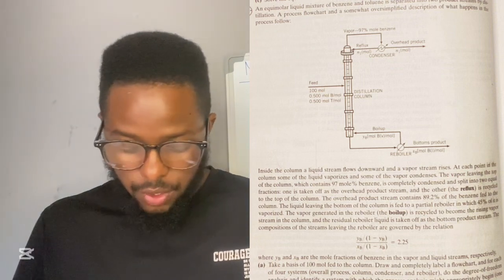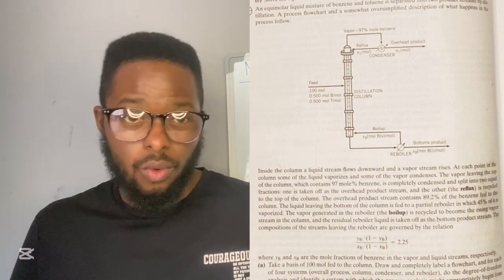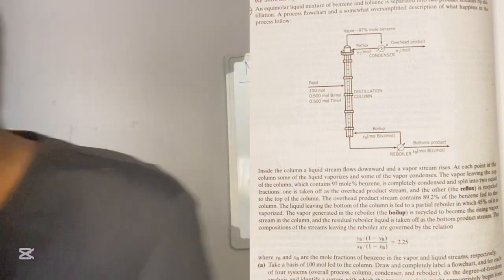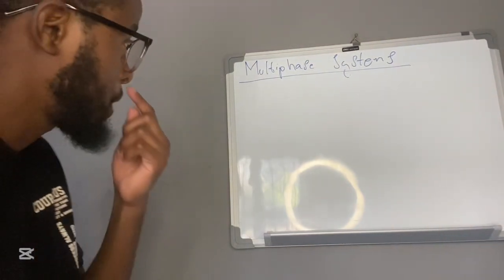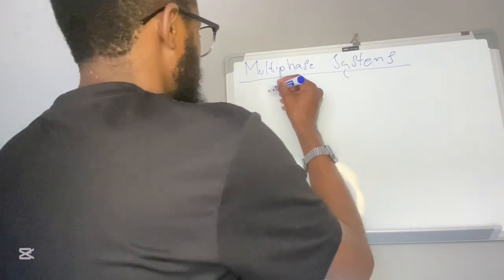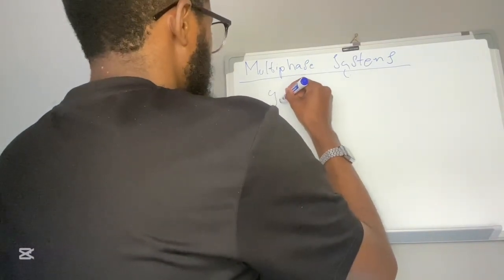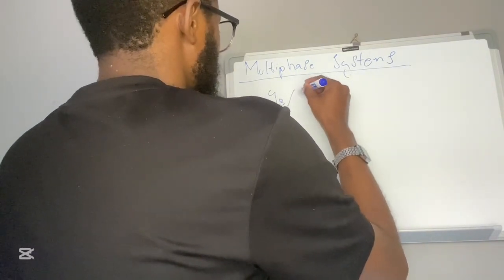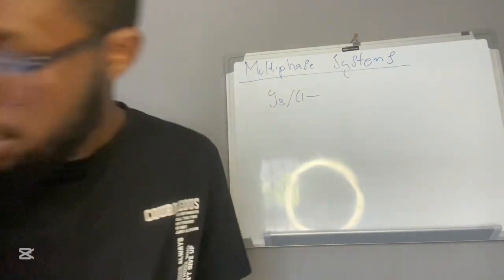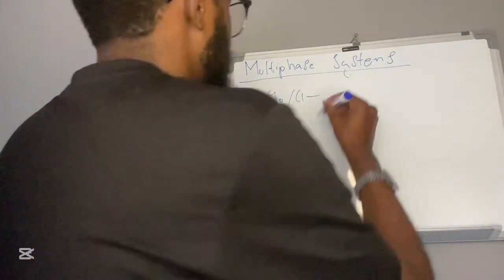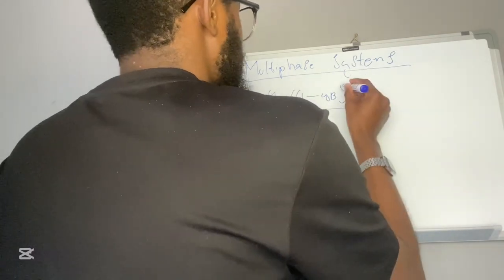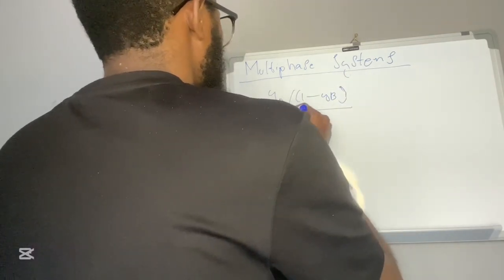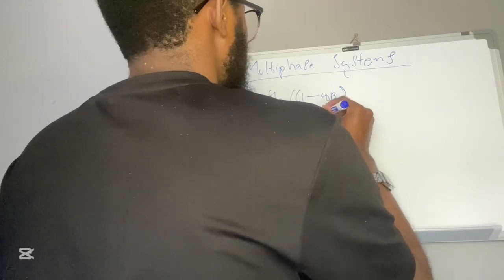So they are giving you the relation in the reboiler, guys, and they are telling you that it is yB over (1 minus yB) equals a constant times xB over (1 minus xB). All of these things are compositions.